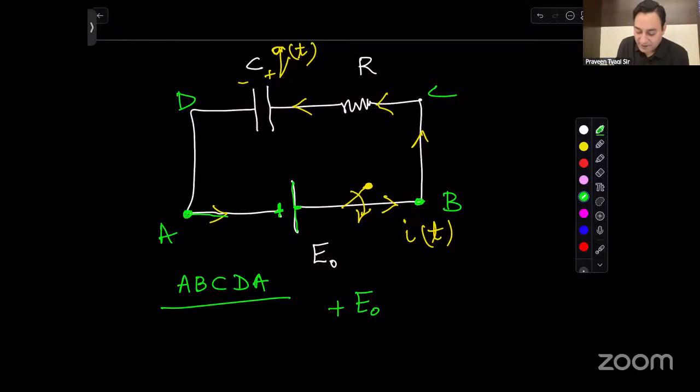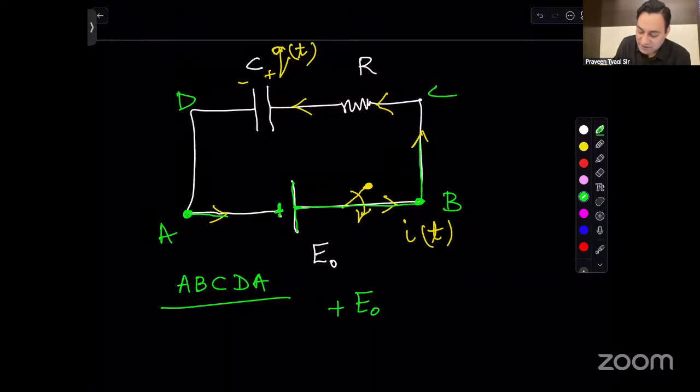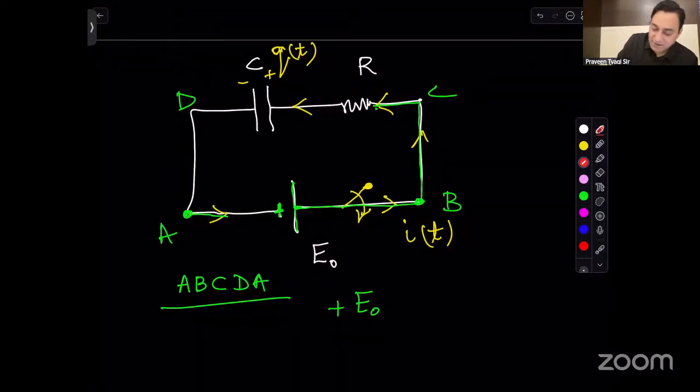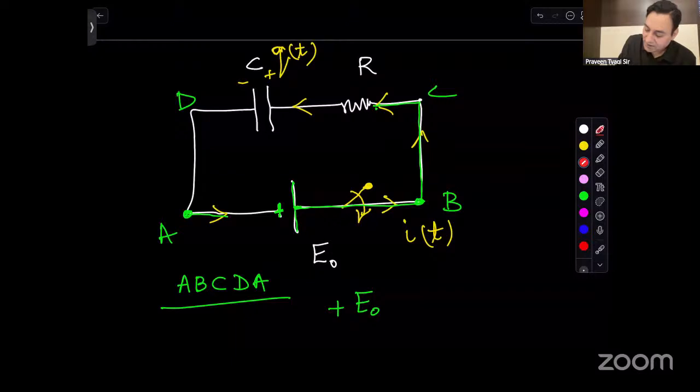Now, I keep going in this circuit. I reach the resistance. And now, for the resistance, what is the potential difference across the resistance? Please tell me. IR. Potential difference across the resistance is IR. But which sign will I use? Plus IR or minus IR?